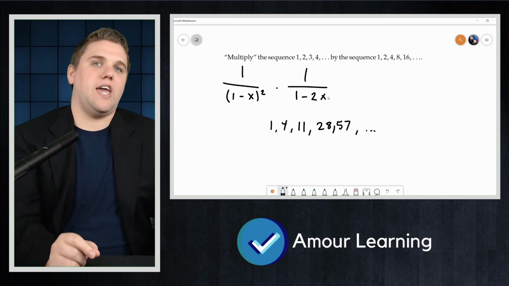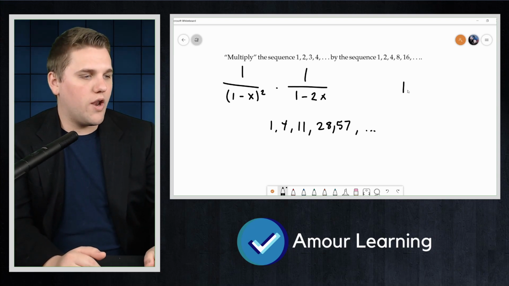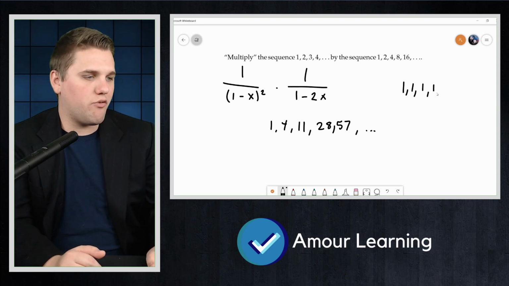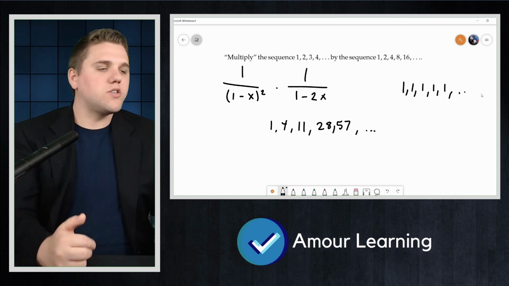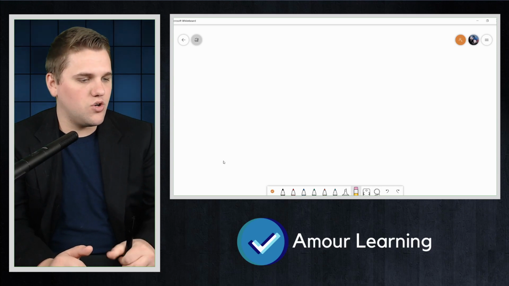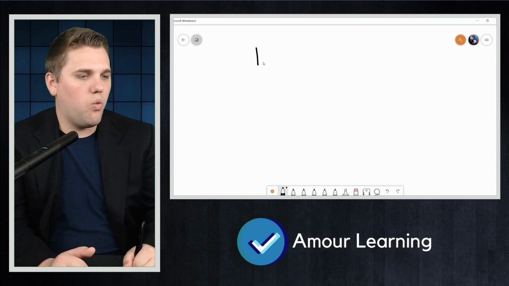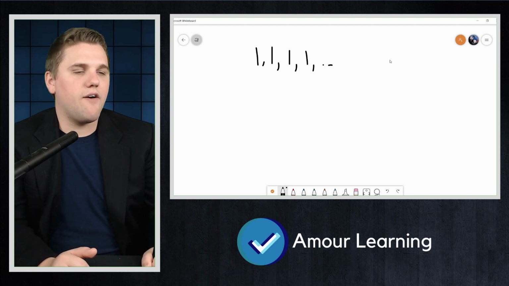Consider the special case when you multiply a sequence by 1, 1, 1, 1, 1, 1, 1, and so forth. For example, multiply these two sequences. Let's do 1, 1, 1, 1, 1, and so on for the first sequence.